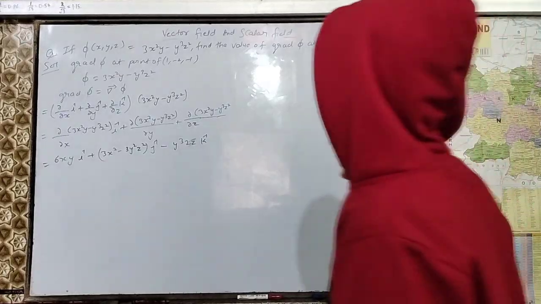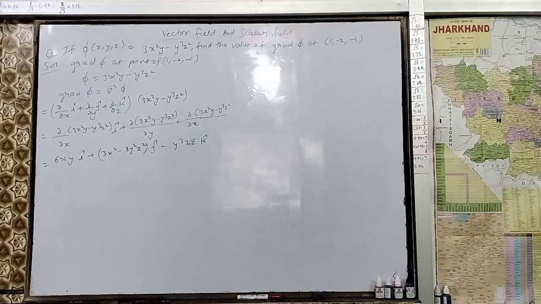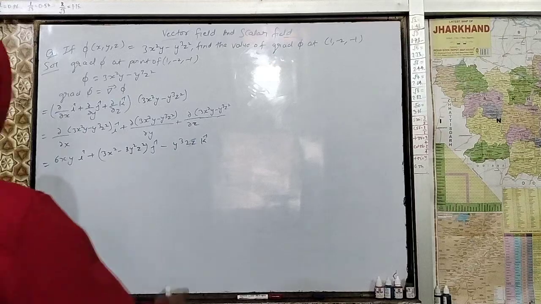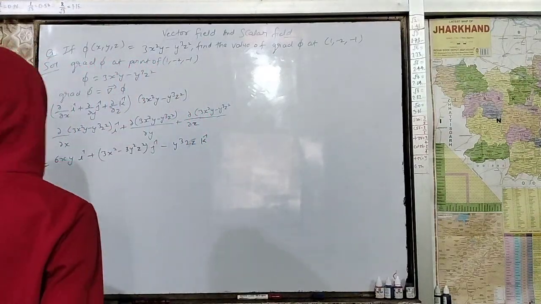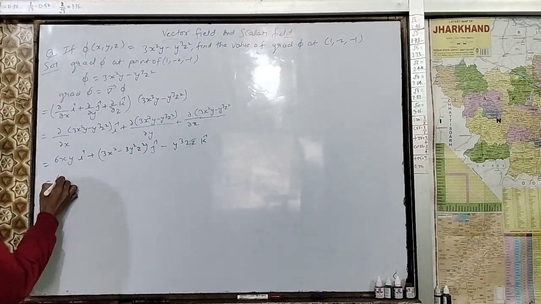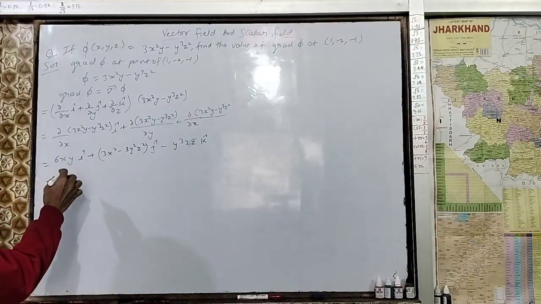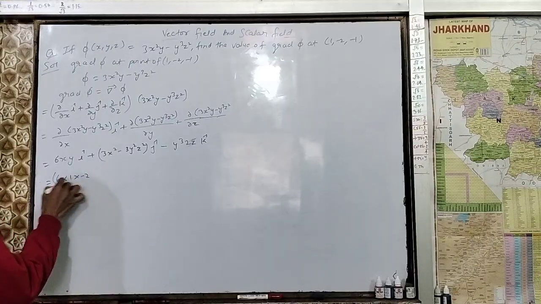Just substitute the value of x, value of y and value of z. As you know, the question provided these values, x, y, z. 6 multiplied by x is how much? 1. Y is how much? -2.